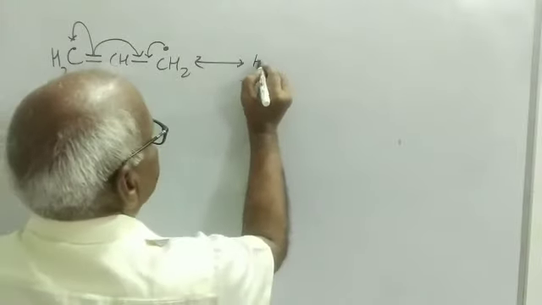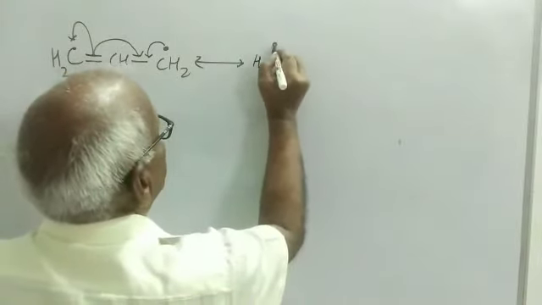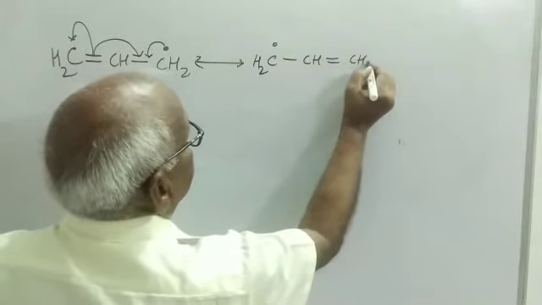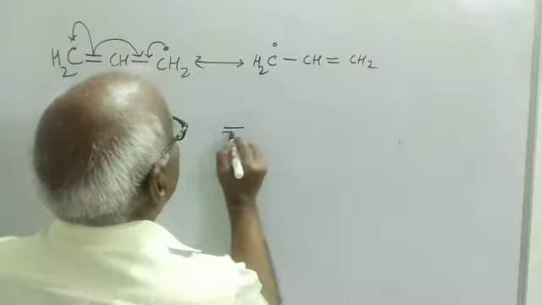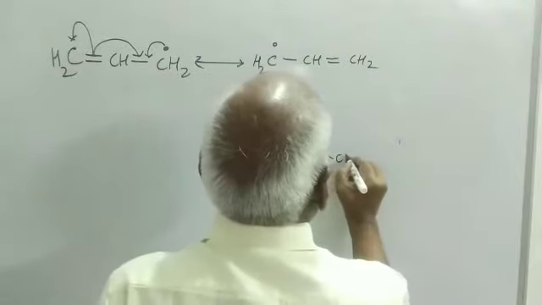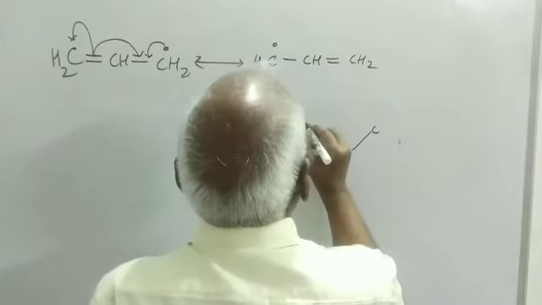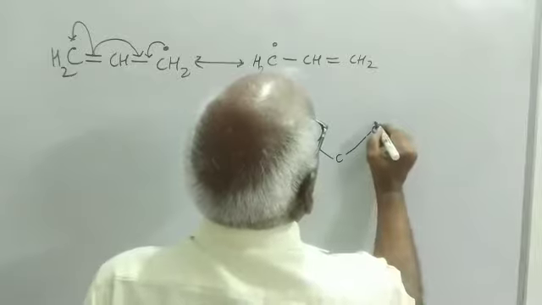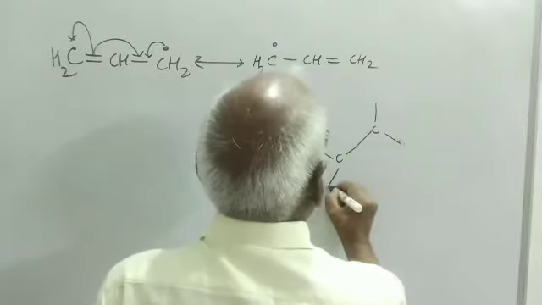What will happen? CH2, this is here, CH, CH2. Its resonating structure is very interesting. So it is carbon like that. This is hydrogen, this is hydrogen, this is hydrogen.